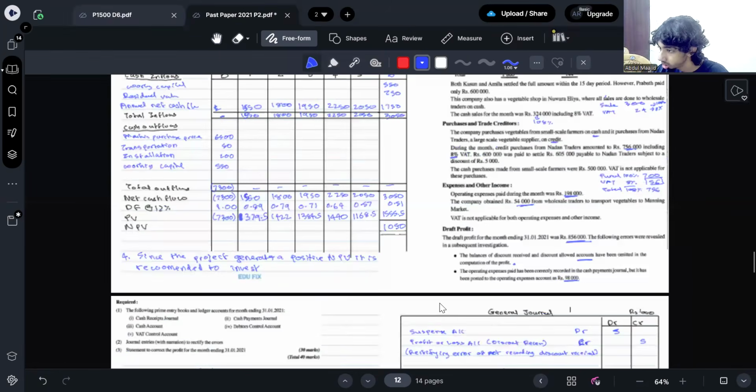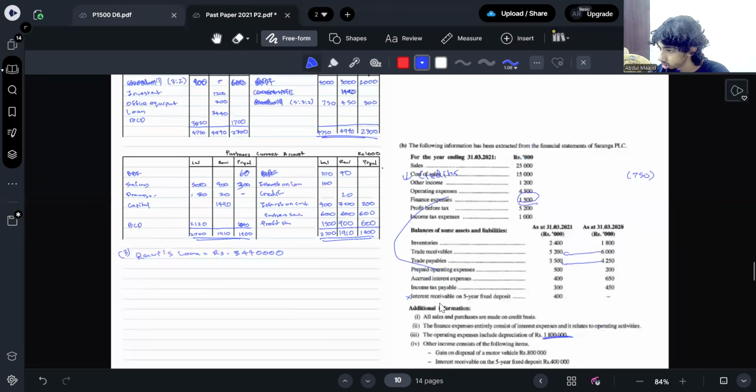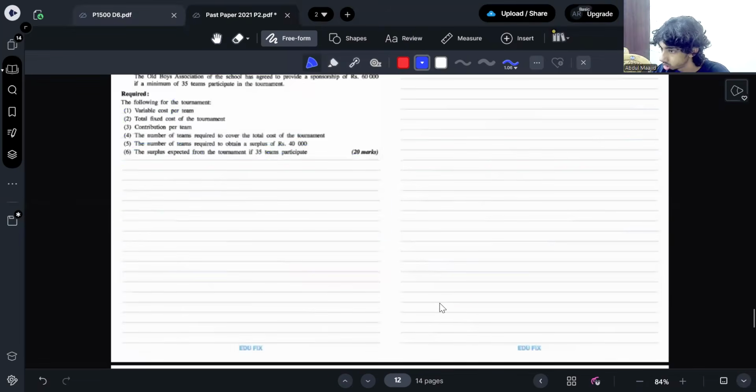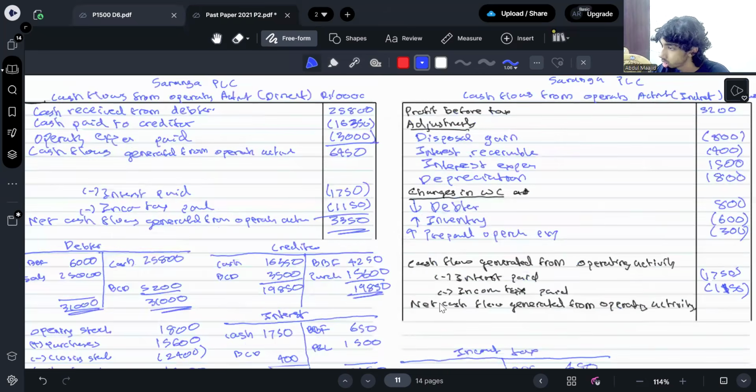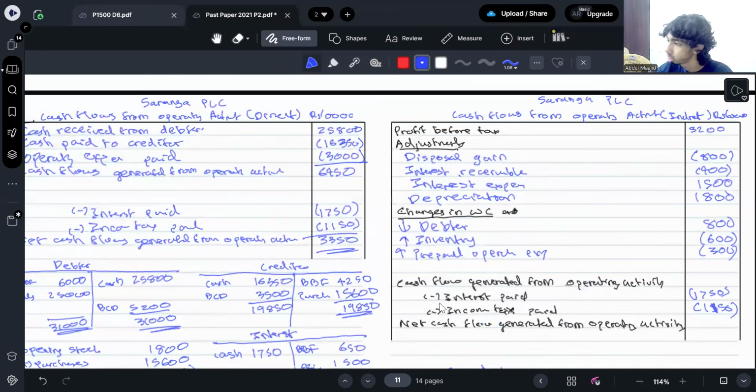Then the next one is the indirect method. 5,200 minus 800 minus 400 plus 1,500 plus 1,800, that will give you 7,300 plus 800 minus 600 minus 300.